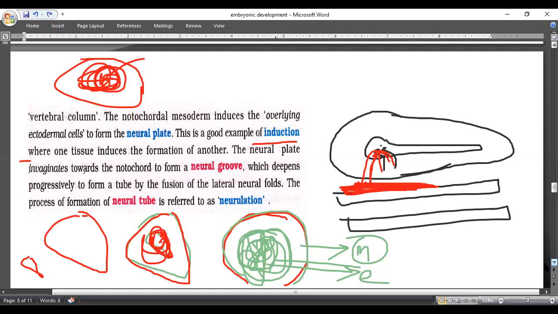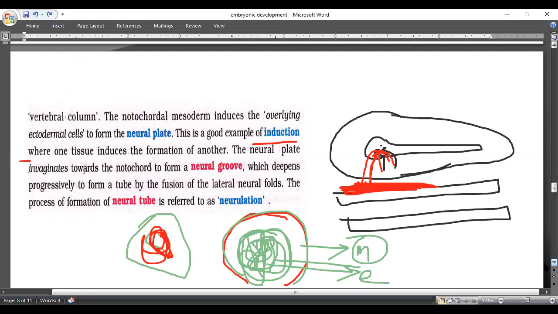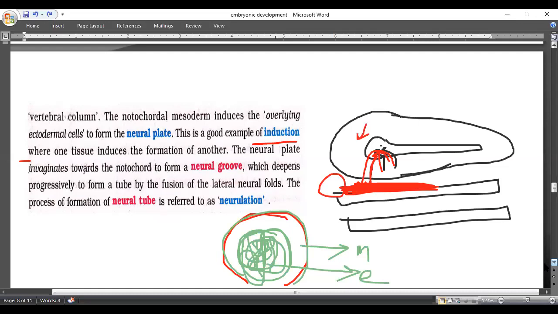In the same way, we said the notochord is developed from the mesoderm. If the notochord is developed and that is replaced by the vertebral column and the skull is formed, but till the time nervous tissue is not formed, what happens? The skull will be empty, isn't it?